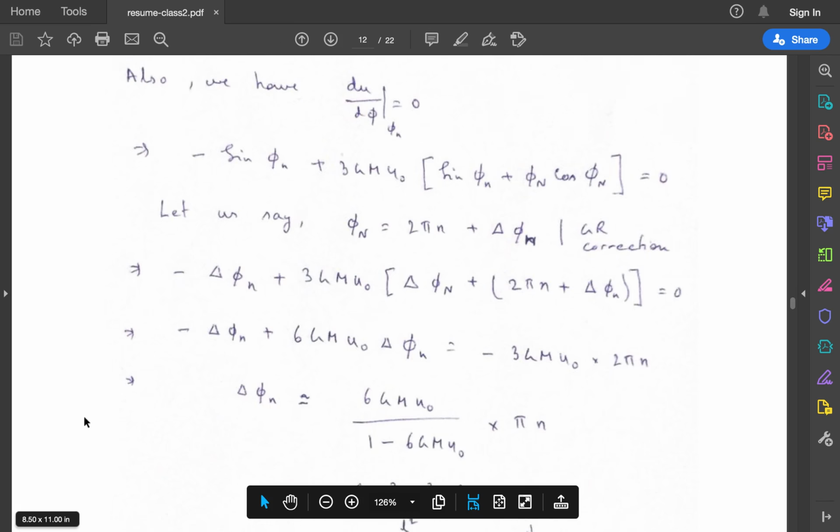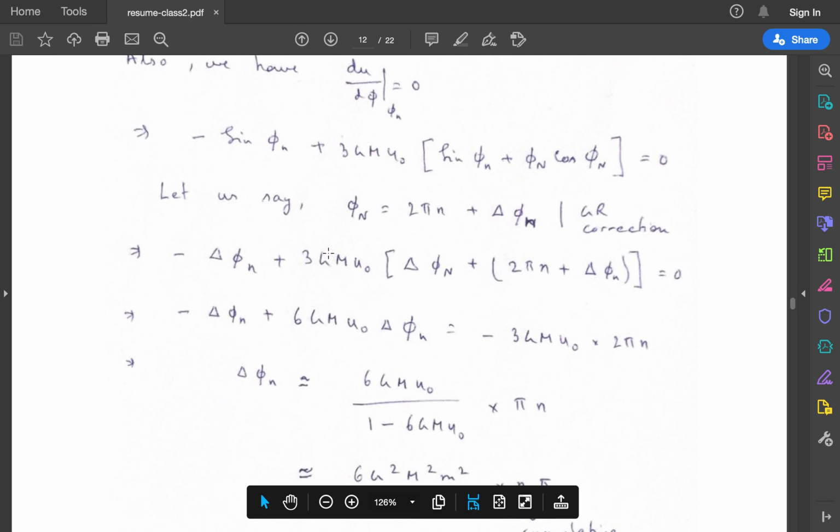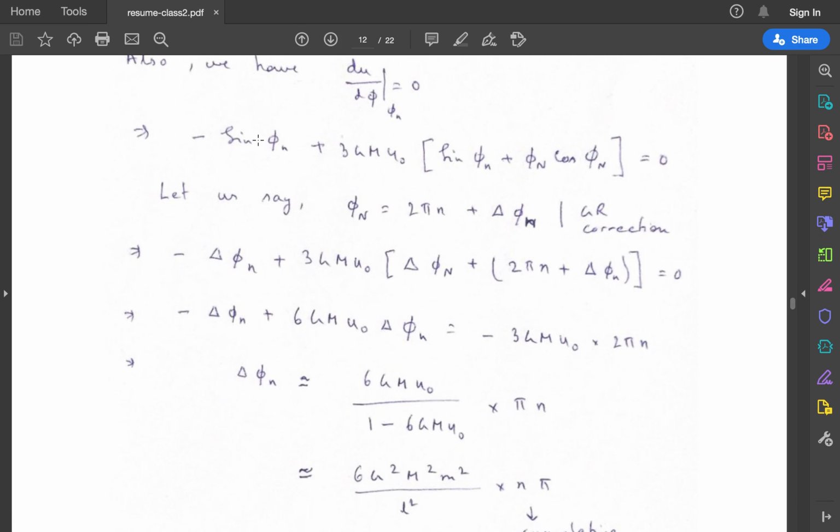Now if I put this in the original equation and solve, sin 2πn is 0, but sin of 2πn plus delta φn, and delta φ will be small.